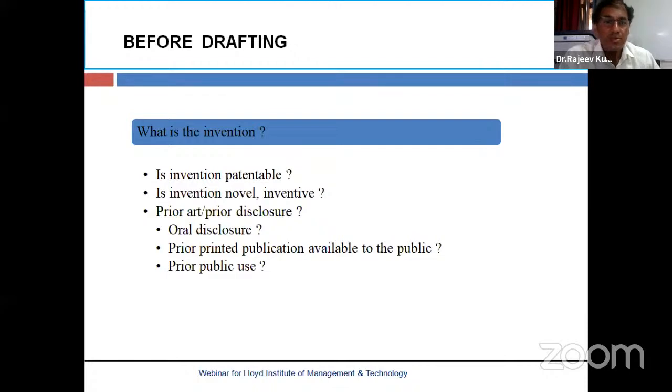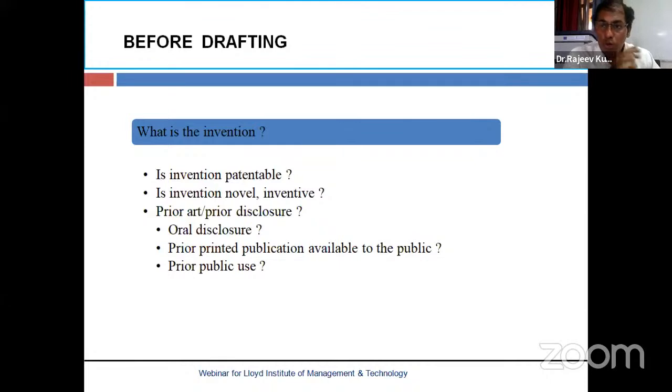And this prior art search, the prior art for any invention, could be anything when we do prior art searching. That means when we anticipate the invention by means of certain disclosed technology, we also take into account if it is oral disclosure, because even if the technology or the process or the product is existing in a village, in a community, by word of mouth, then also you cannot secure a patent for that.